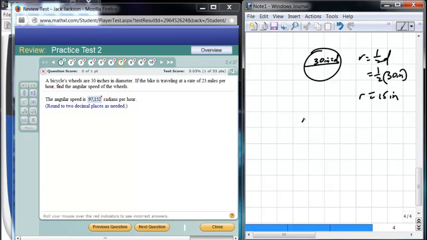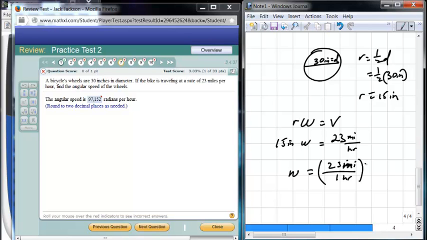So remember, r omega is v, so this side is 25 miles per hour, and r is 15 inches, and so omega is 25 miles per 1 hour, divided by 15 inches, so it's 1 over 15 inches.